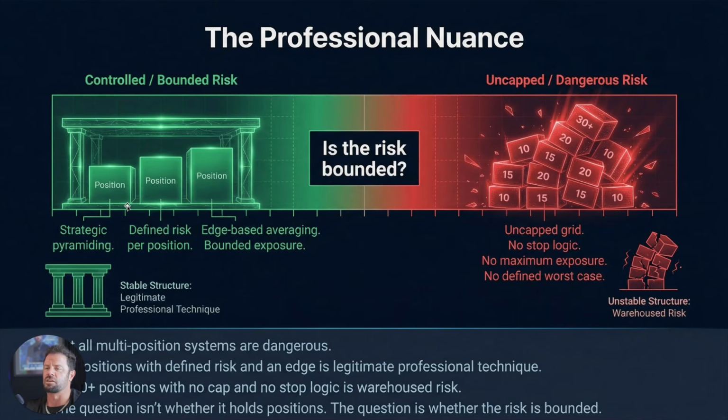It very rarely professionally gets any deeper than that. So there's a spectrum here, not 10, 20, 30, 50, 100. That is not professional. I've never met any of my professional colleagues who build stuff like this. We've never done it. So just know there's a professional nuance. If you see a system that does 2 or 3 positions to create a position or create an average when it feels necessary, and it's building a position, whether on the upside or down, that's not necessarily the same thing as saying it's unprofessional.